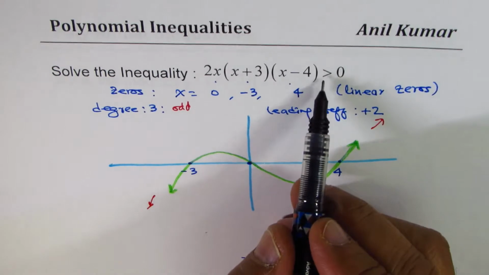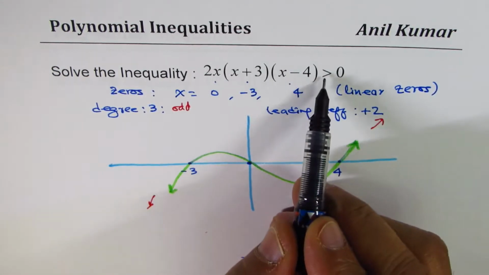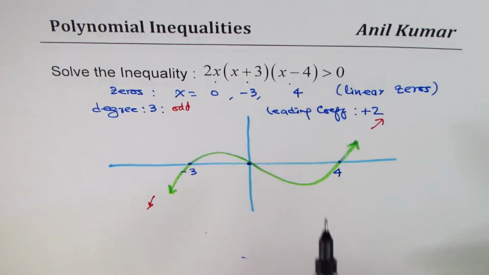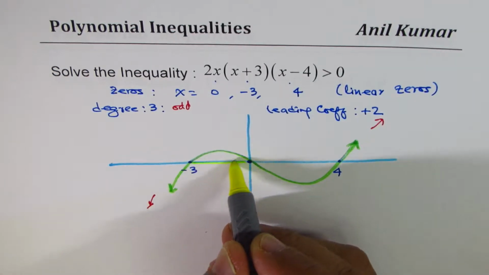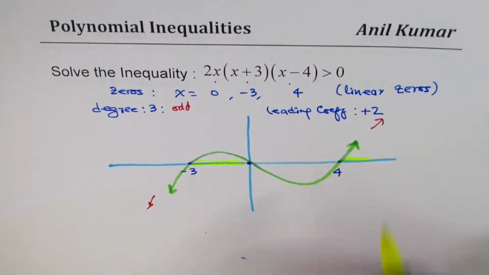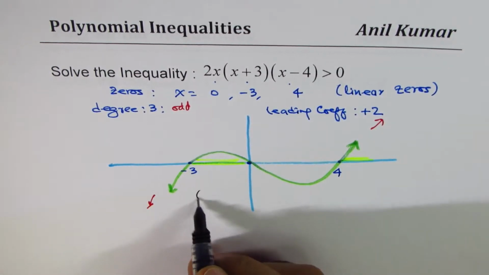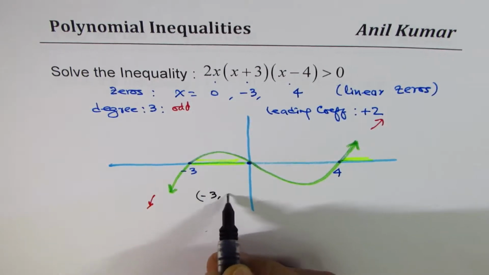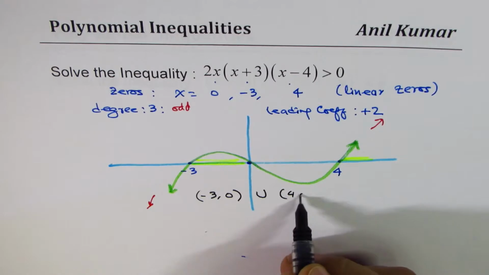And now we have to write the solution for this inequality to be greater than 0. Greater than 0 means wherever it is positive, right? So that portion is greater than 0, and after 4, perfect. Therefore, we can write our solution as from minus 3 to 0 union from 4 to infinity, correct?